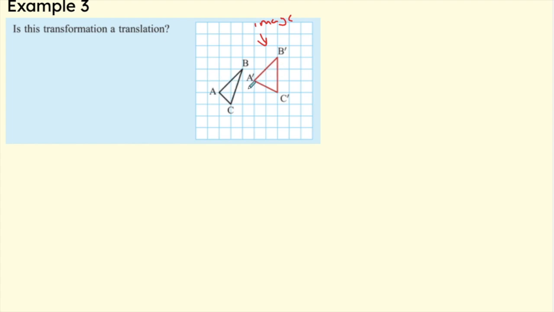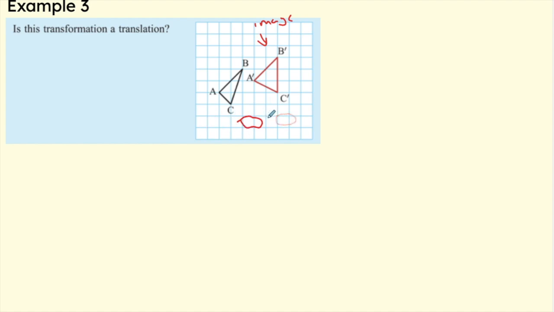Now if you look here, you might be able to say, hey, those are obviously not the same triangle. And you might be right, but if we were looking at something like this and something like this, it becomes a little bit harder to see if they are translations or not.